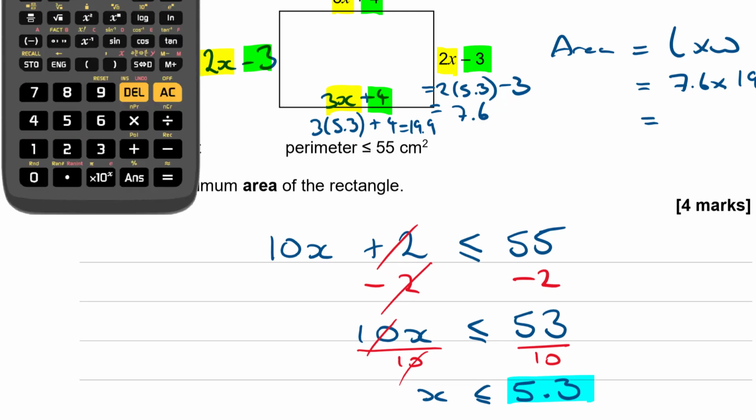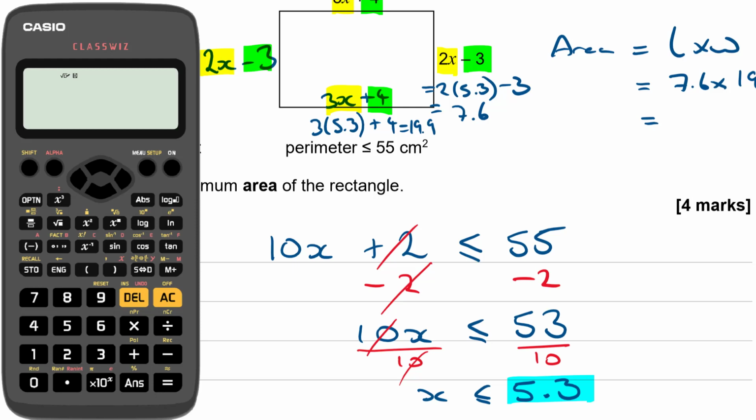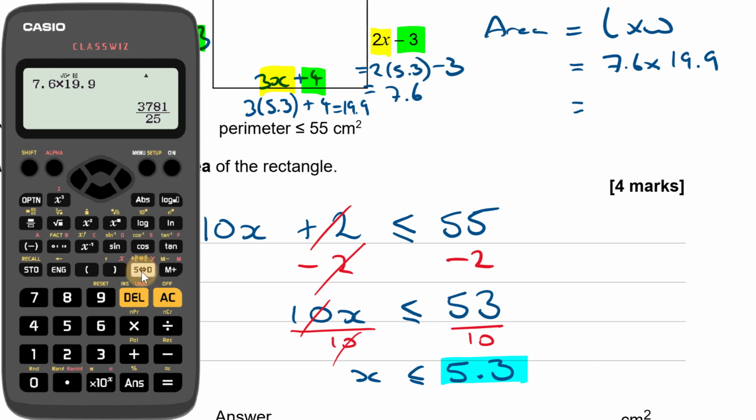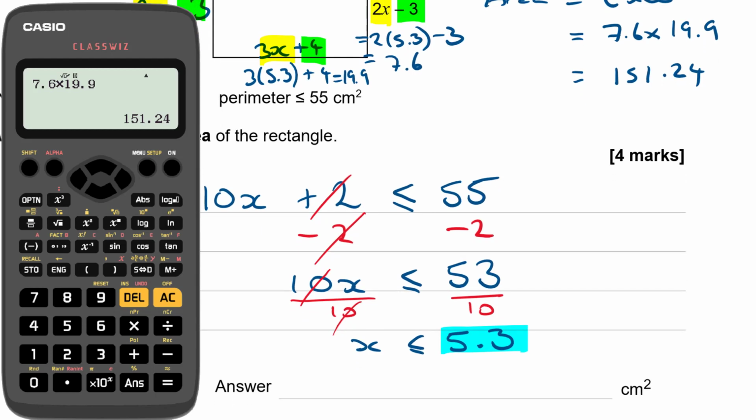Now I'm going to reach for a calculator here and type it in. So 7.6 times 19.9, according to my calculator, is 151.24. So that is my maximum area.